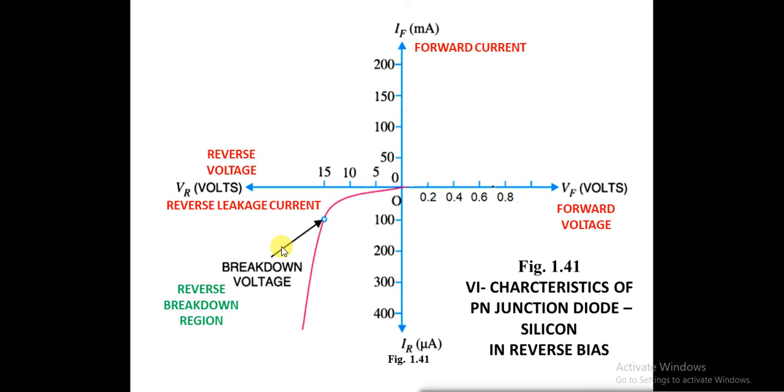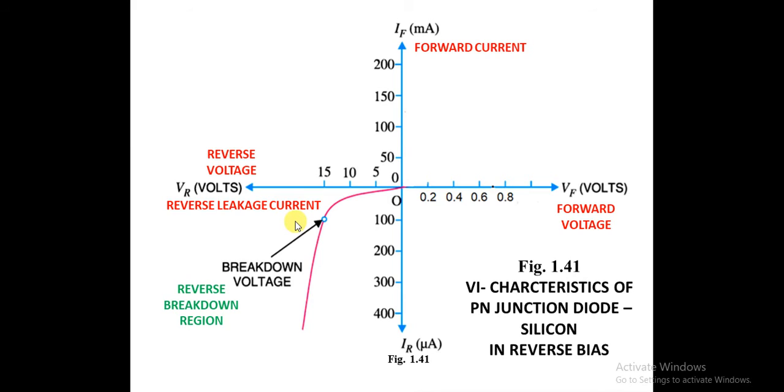Now this curve shows the VI characteristics of the PN junction diode in the reverse bias. As we see, from point O to this point, it is a reverse leakage current, and this reverse leakage current or reverse saturation current is flowing because of minority carriers.